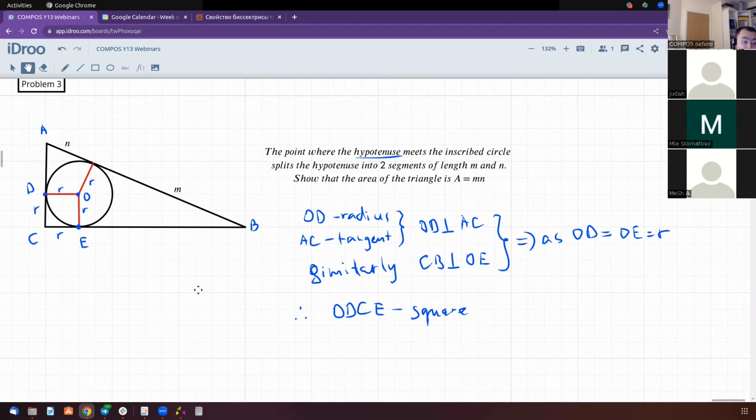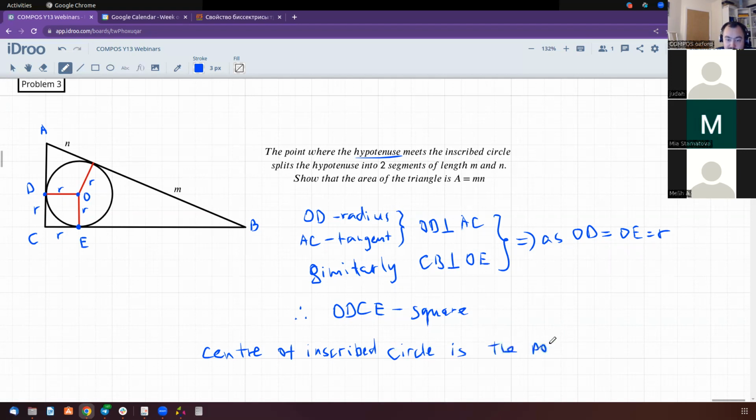Now, we know from the assignment as well, one of the reasons you will learn from the assignment, if you didn't know yet, that the center of the inscribed circle is the point where the angle bisectors meet.